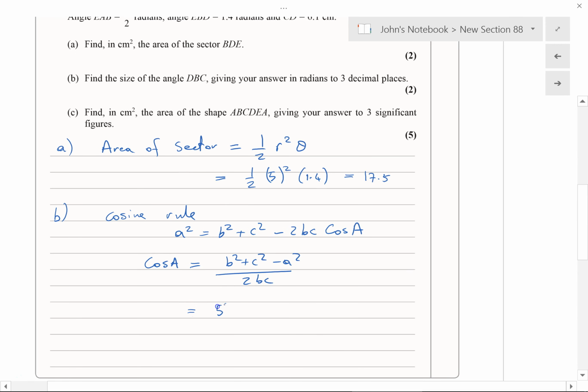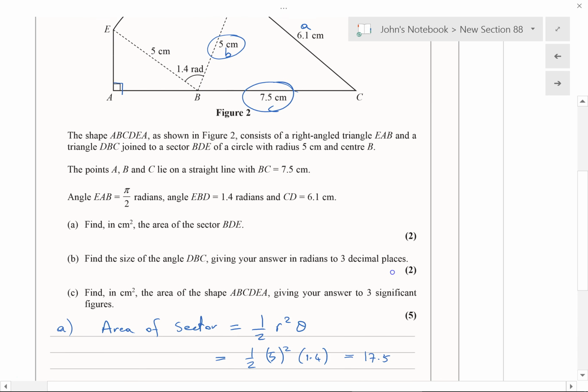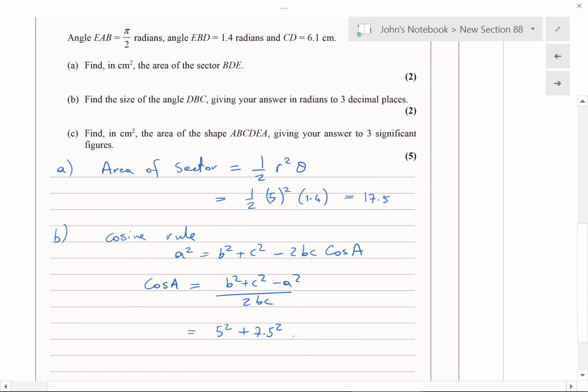That's 5 squared plus 7.5 squared, take away 6.1 squared, all over 2 times 5 times 7.5.